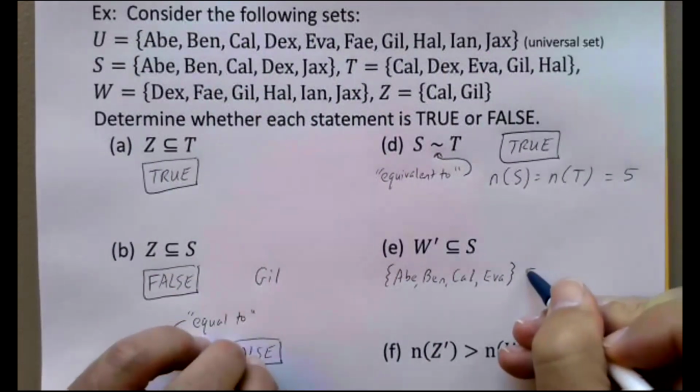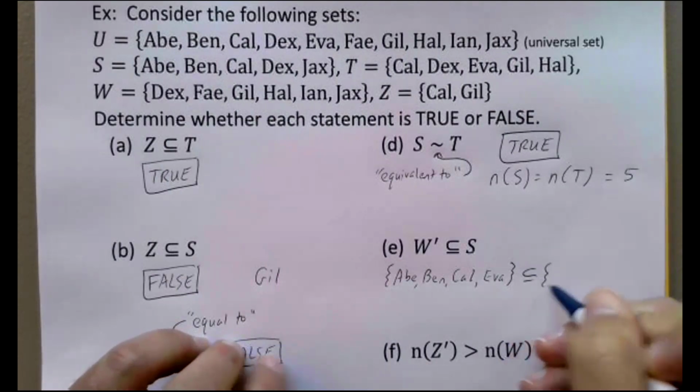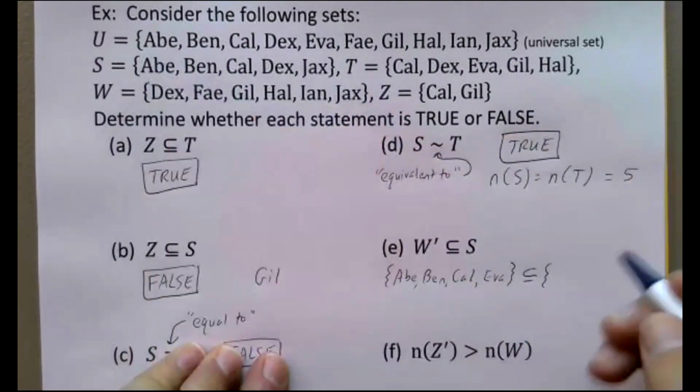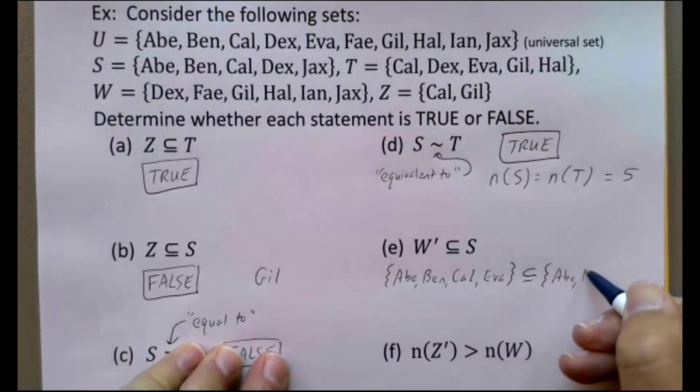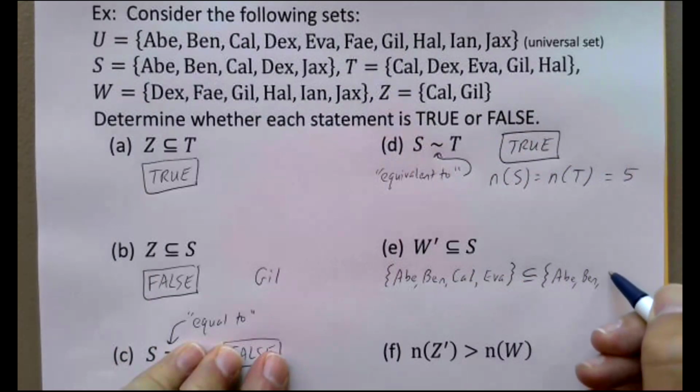Now we're trying to figure out, is that a subset of set S? Let me just copy down what set S is. That's Abe, Ben, Hal, Dex, Jax.